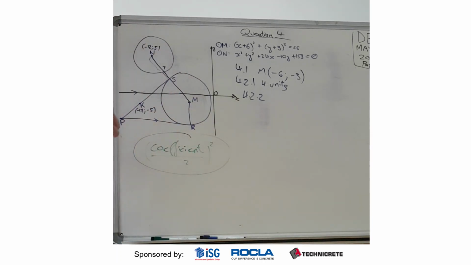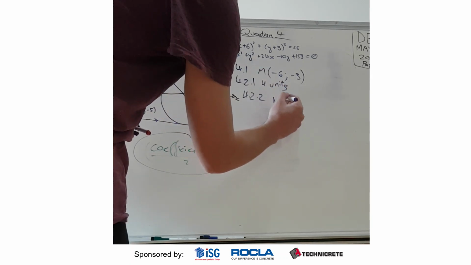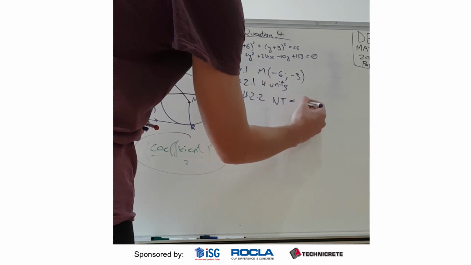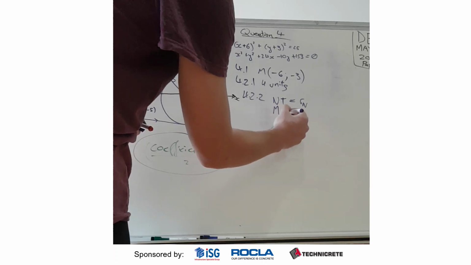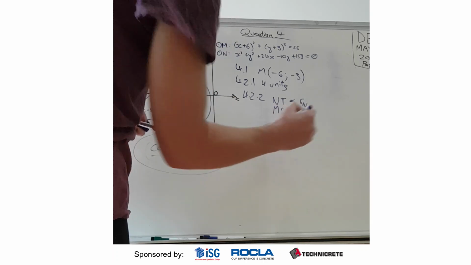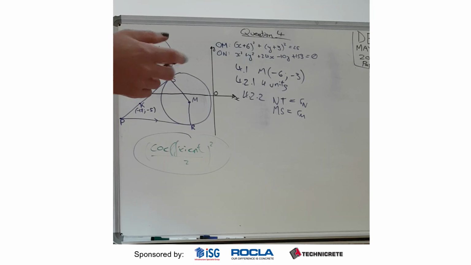Now, we are told immediately that T lies on the circumference of circle N, and S lies on the circumference of circle M. What does that tell us? That tells us that NT is equal to the radius of N, and MS is equal to the radius of M.